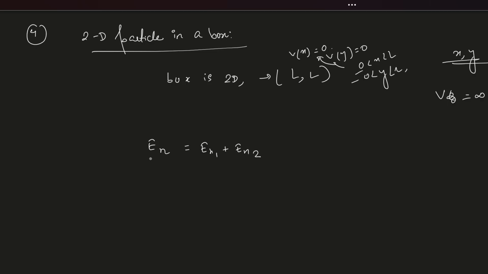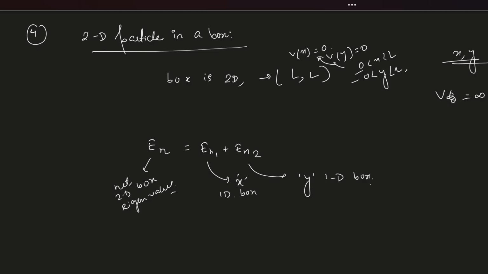So En is the net 2D box eigenvalue, and En1 is the 1D box eigenvalue when you consider only one direction. Okay, let's say this is the x directional box eigenvalue, and the second one is the y directional 1D box eigenvalue, right?